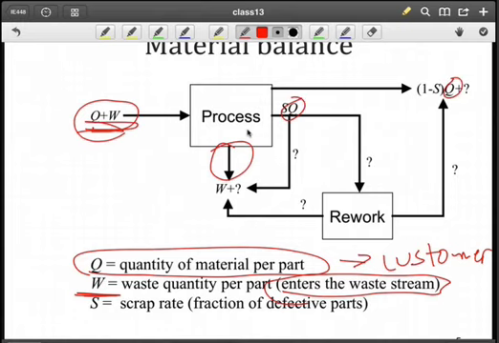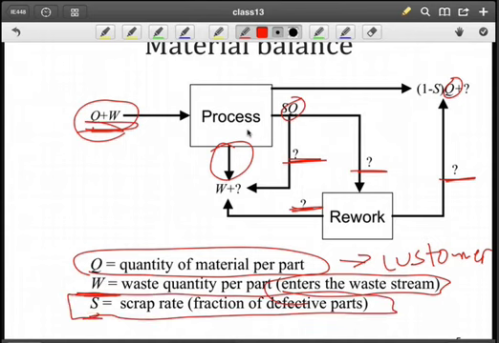Now we're only looking at one process right now. You can imagine a sequence of processes. Q may increase or decrease as we're aggregating or removing material for this product. And here we have some question marks as to what's happening with this kind of material. An important parameter of your manufacturing process is what we call the scrap rate.